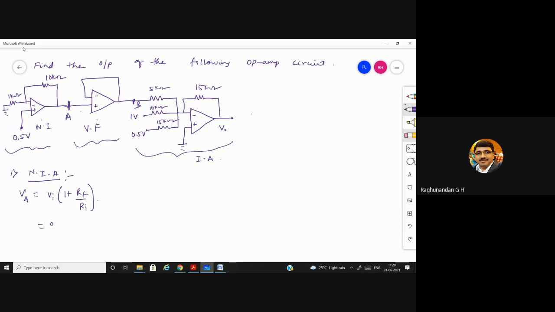So Vi is 0.5 and 1 plus Rf, which is 10K, by Ri, 1K. What is the answer? 5.5 volts.